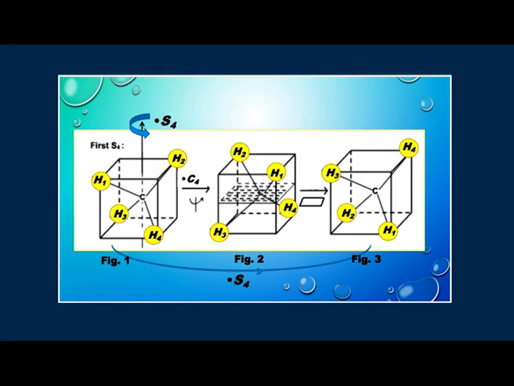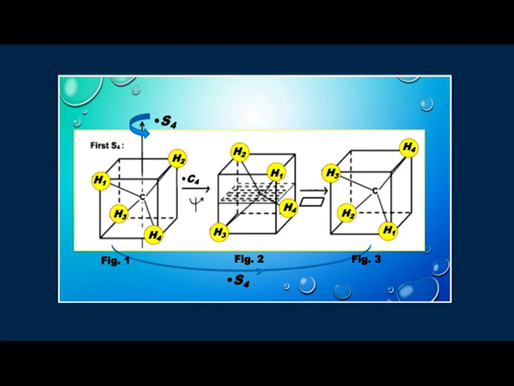H1 goes to the next position and H2 goes to its next position. Likewise, H3 goes to the next position and H4 also goes to the next position, right? Now, the molecule resembles figure 2.